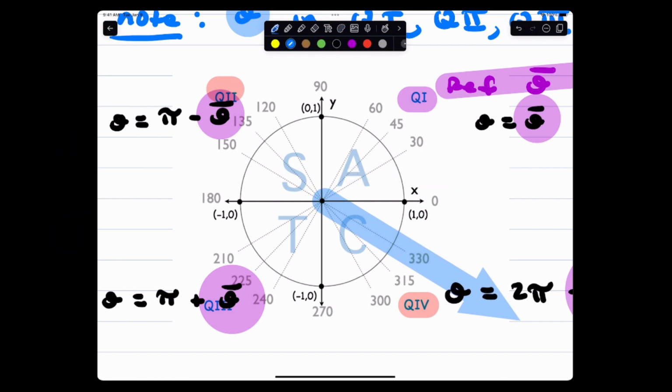This means all 3 trig functions are positive. This means sine is positive. So in quadrant 2, cosine and tangent are negative. This means tangent's positive. And this means cosine's positive. So it means sine and tangent are negative. So ladies and gentlemen, it goes back to the meaning. Do you know what all students take calculus means?